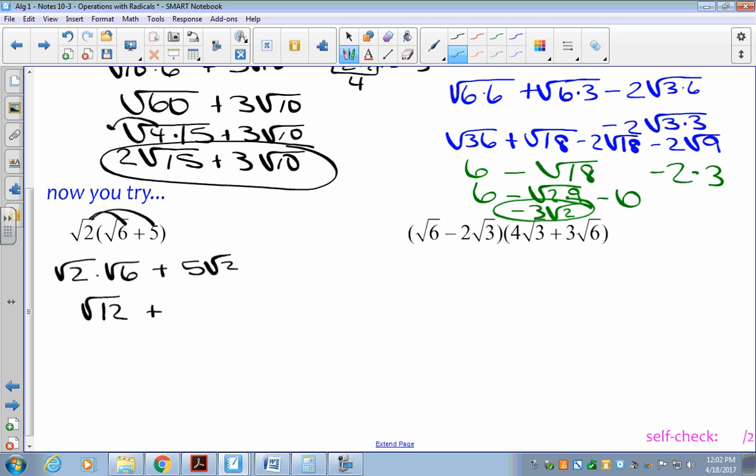And I simplified the square root of 12 to 2 square root of 3, because perfect square 4 lives inside. And I added 5 square root of 2. Perfect. Thank you.